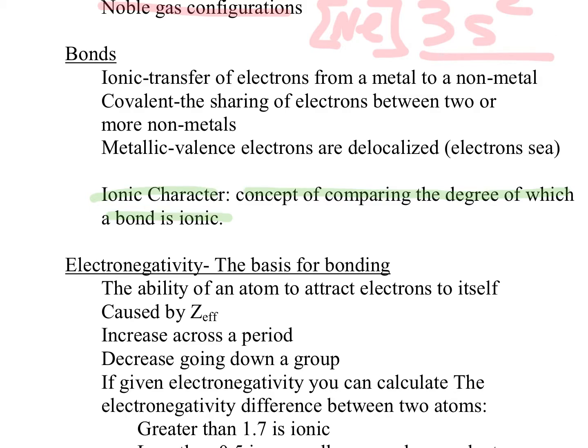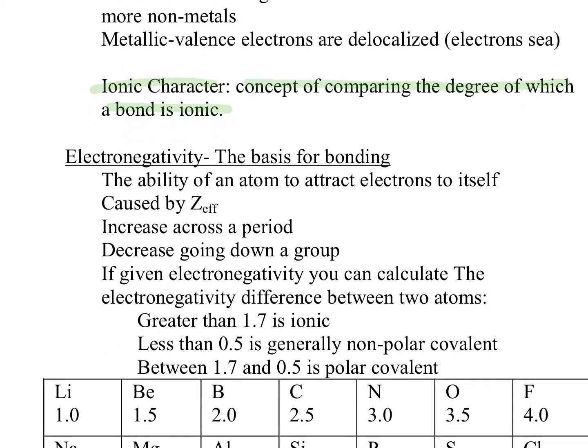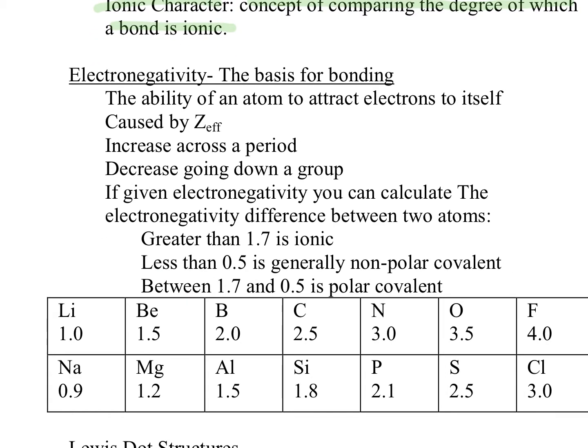Now, an easy way to look at that is to look at electronegativity. Electronegativity is the basis for bonding. It's why it happens. Why there is electronegativity is because of Zeff. Zeff causes electronegativity. Electronegativity causes this attraction of the atoms to one another, which creates bonds. Electronegativity is not just a definition, it is a concept you must comprehend.